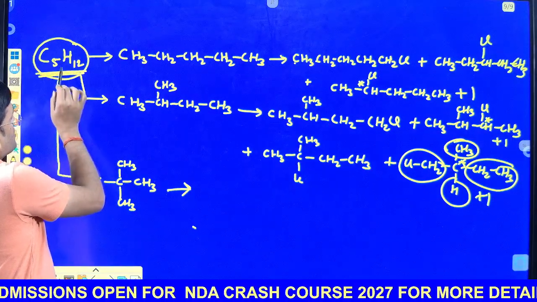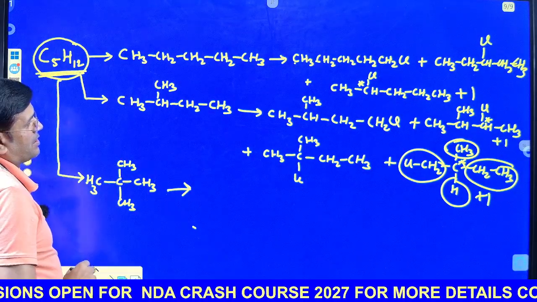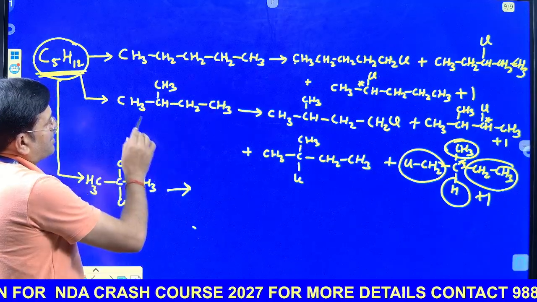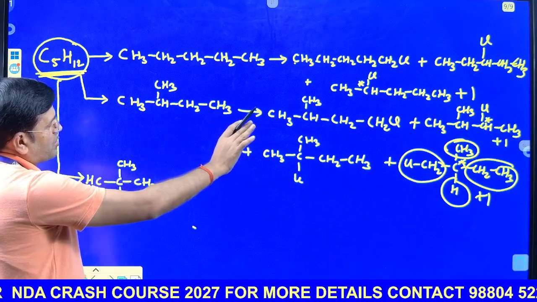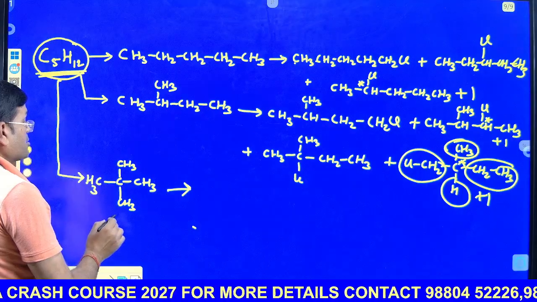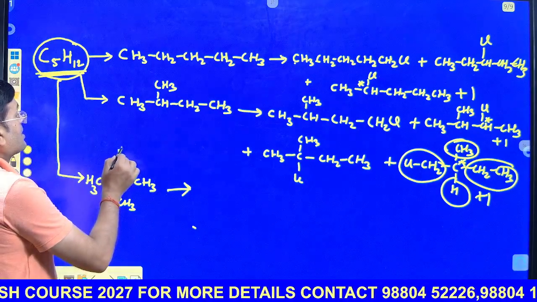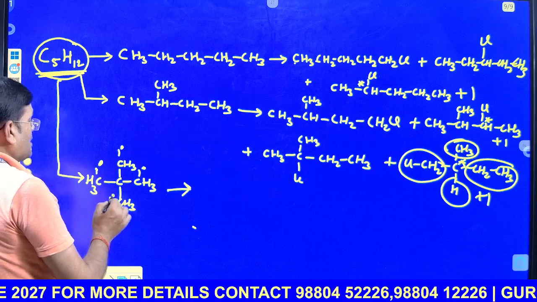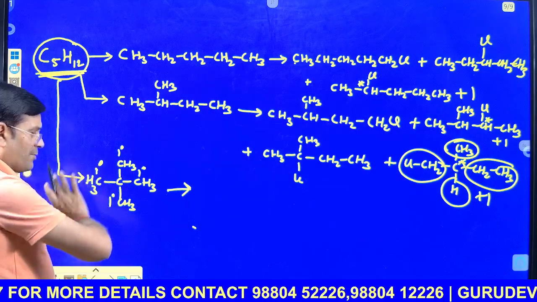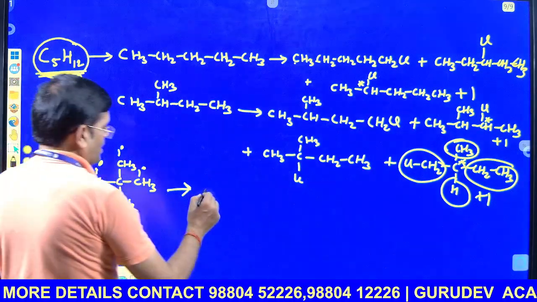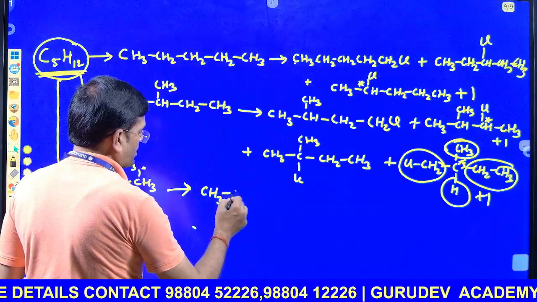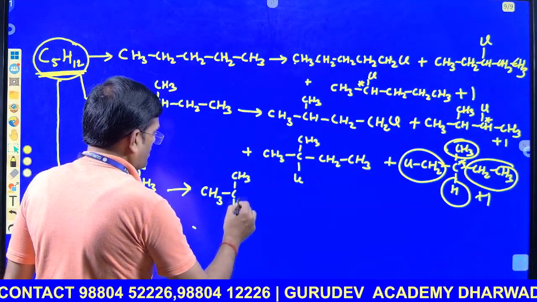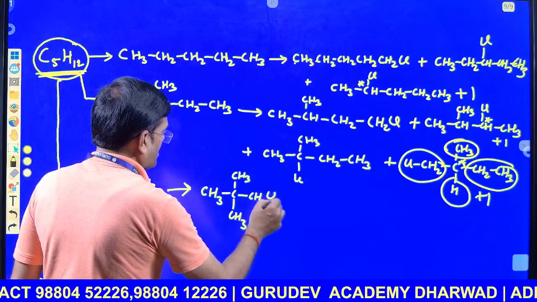So 3 isomeric structures are possible, and this will give you 4 different monochloro substituted products, but this one only, because all the hydrogens are primary, so substitution of either hydrogen will give you a single chloro product, this one, 1-chloro-2,2-dimethyl propane.